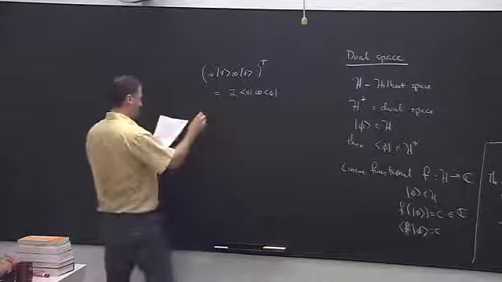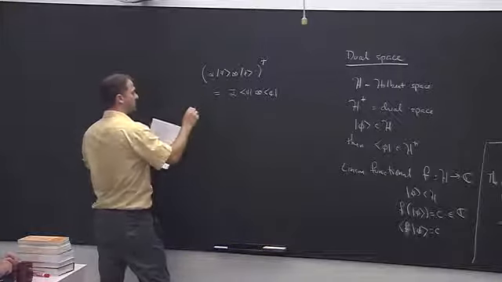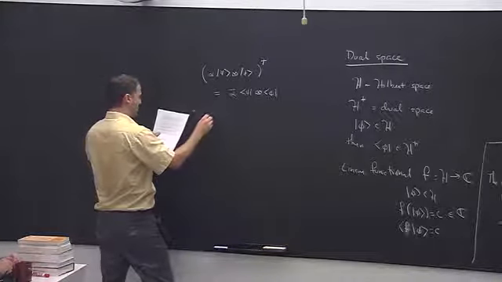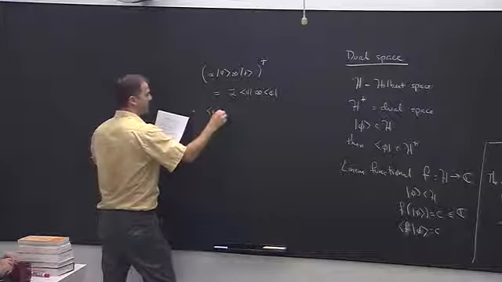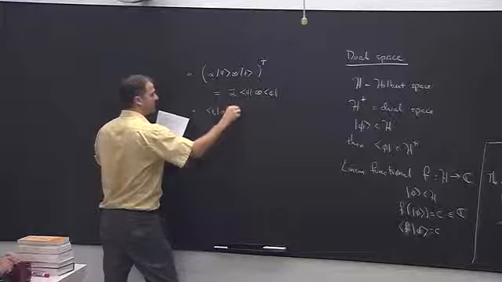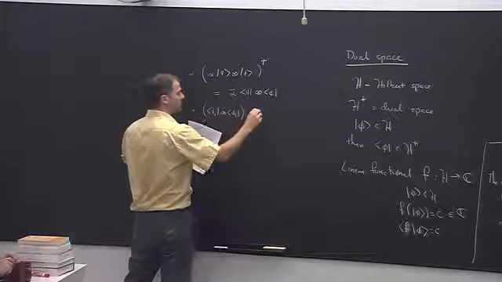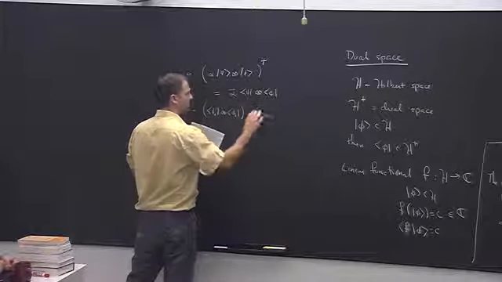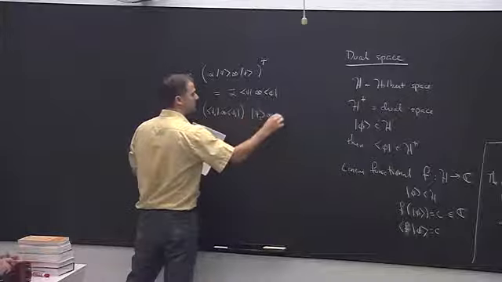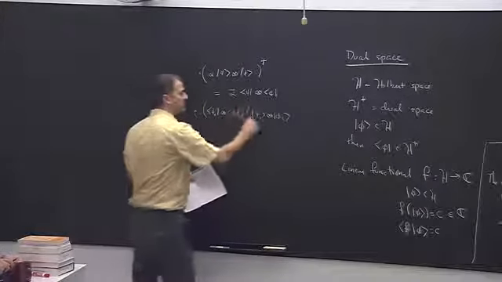And then we have the inner product for tensor products. The inner product is the following. If I have a dual vector psi1, phi1, and I take an inner product with some Hilbert space vector psi2, phi2, how do I evaluate this inner product?